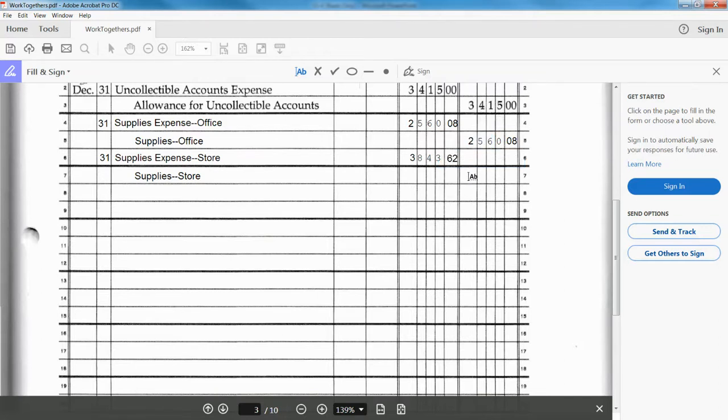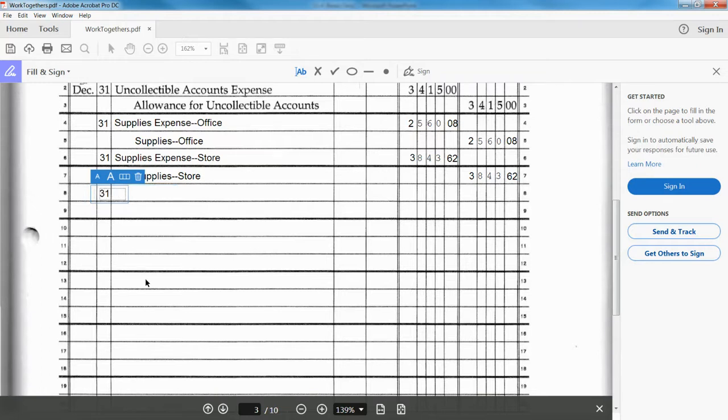And then we're going to credit the exact same amount, $3,843.62.